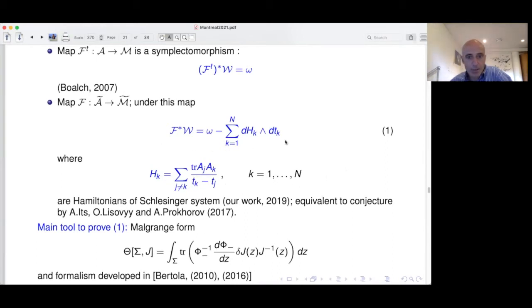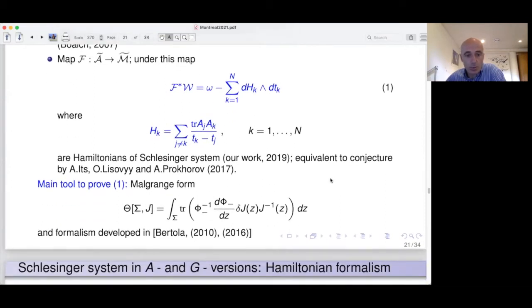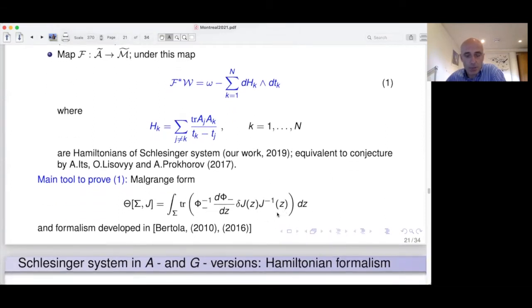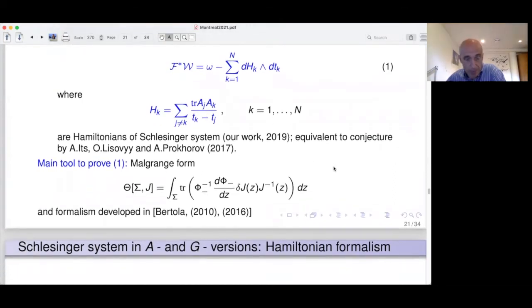And essentially, some indications that this kind of statement is correct were given by Iorgov-Lisovyy-Prokhorov like 4 years ago, and they stated a conjecture about the relationship of their formulas to the Goldman bracket and its extension, and we refined this conjecture and proved it. And what's the main tool to deal with that? Well, it's this so-called Malgrange form, which was extensively used by Marchal over the last 10 years.